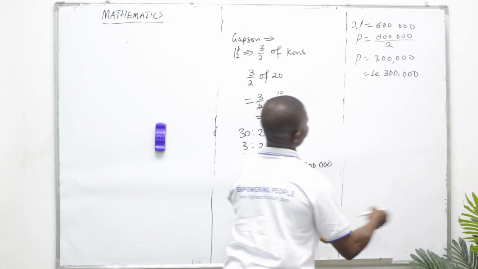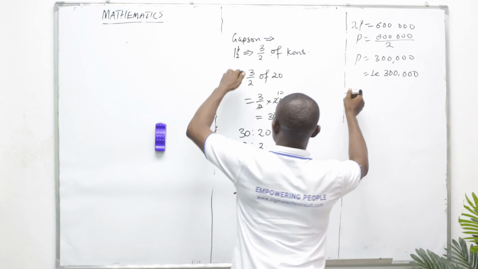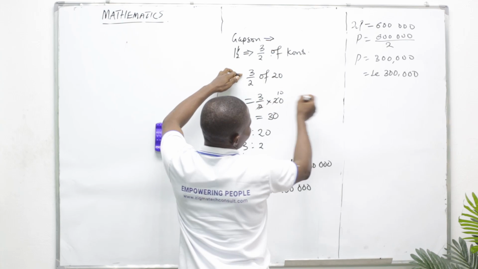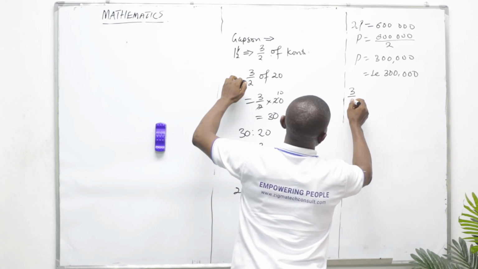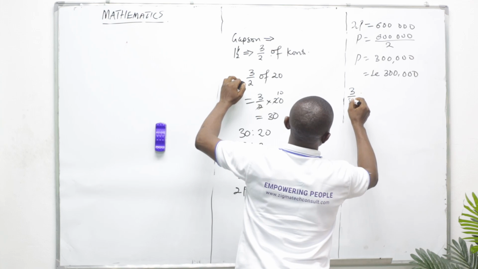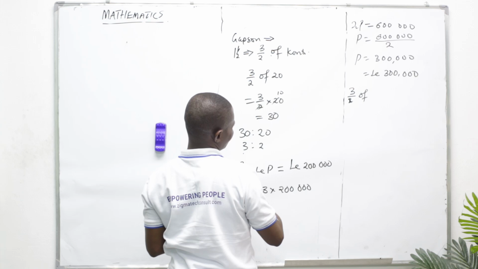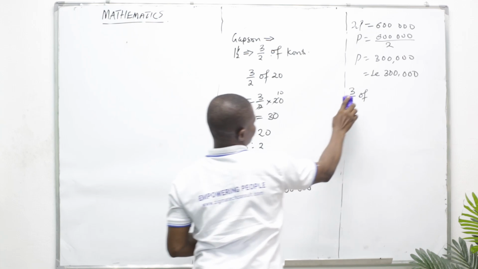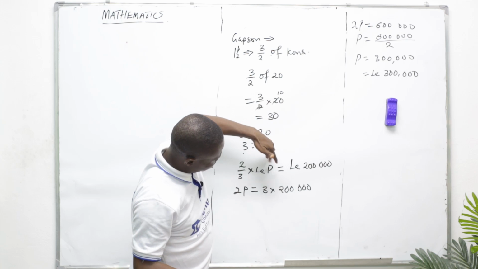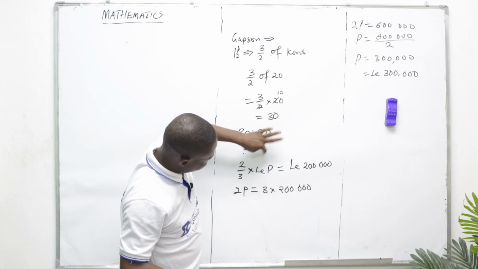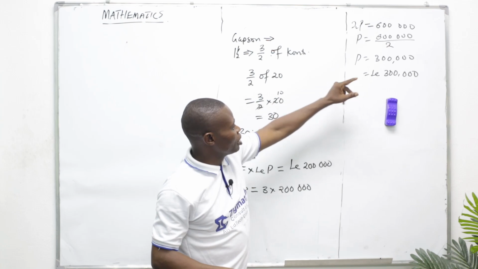Let's check. I recall that this person is to receive the 3 over 2 of this person's amount. There's no need even doing this because the total amount shared by them is assigned as unknown. So I have gotten the unknown value.